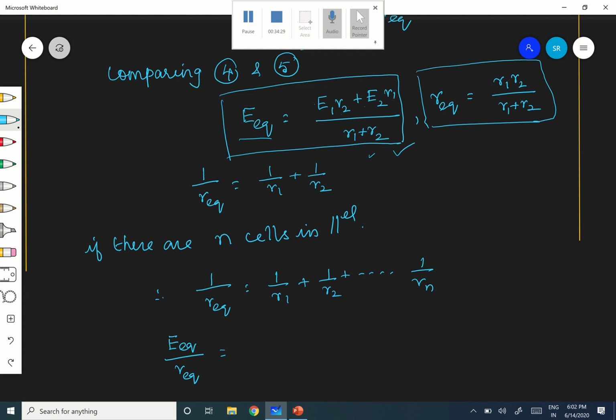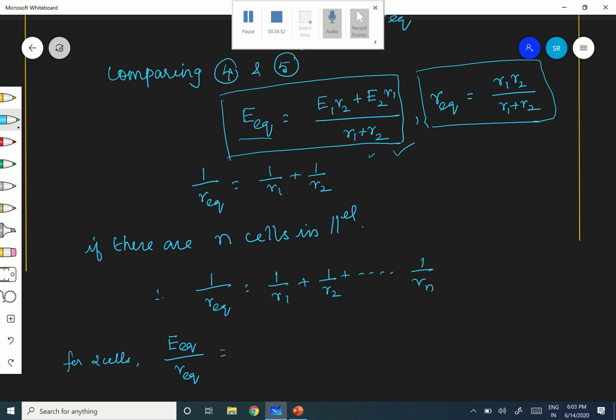Are you following? Therefore, what is E equivalent divided by R equivalent for the first 2 cells? Tell me why? Because if you know that, then it can be extended to n cells. E equivalent as such cannot be extended to n cells.